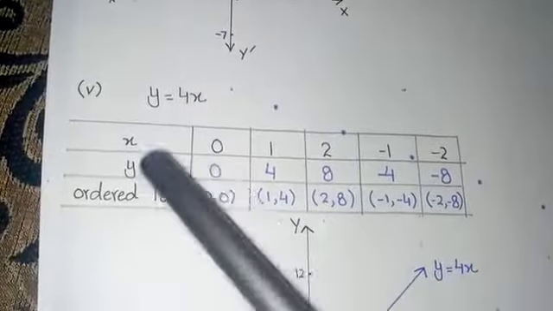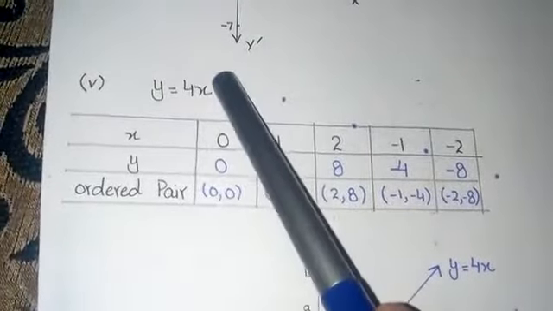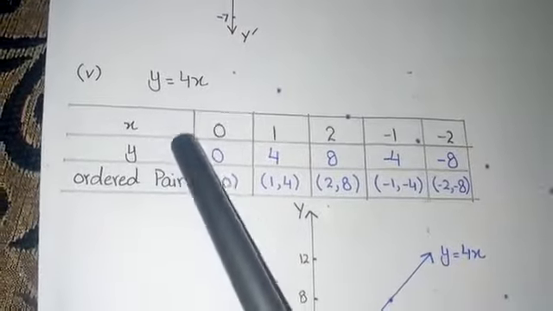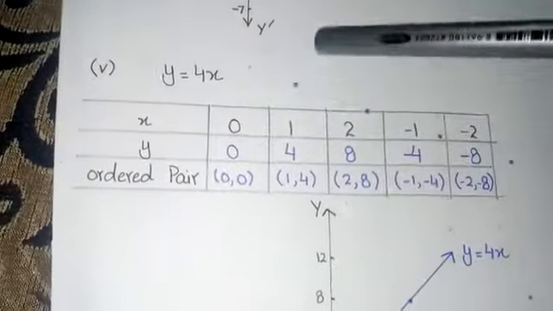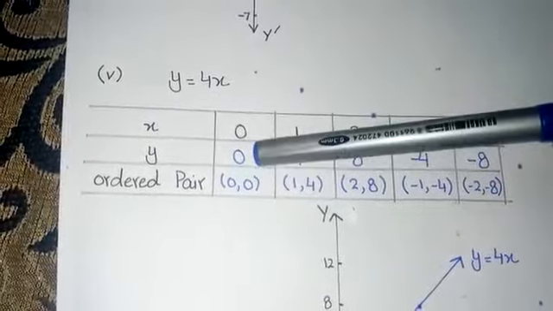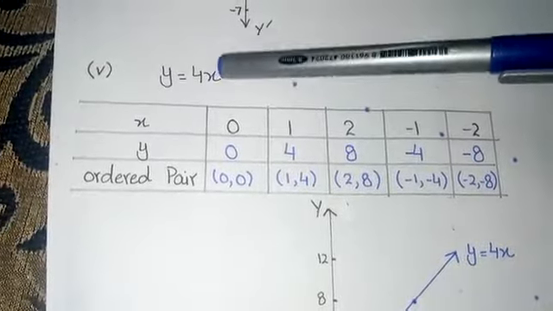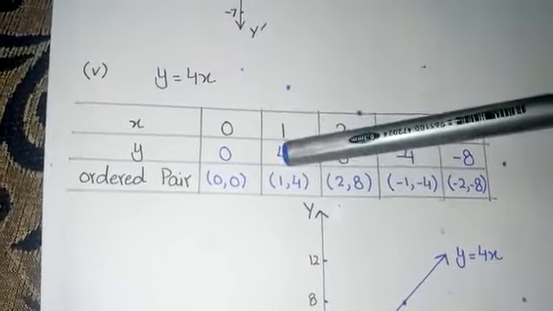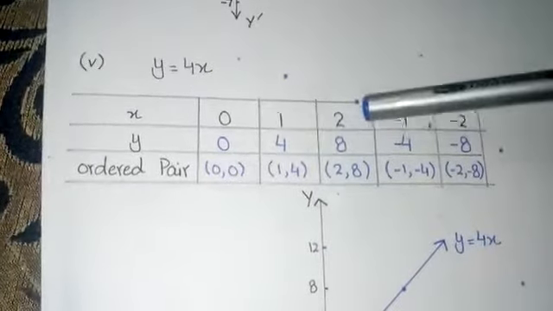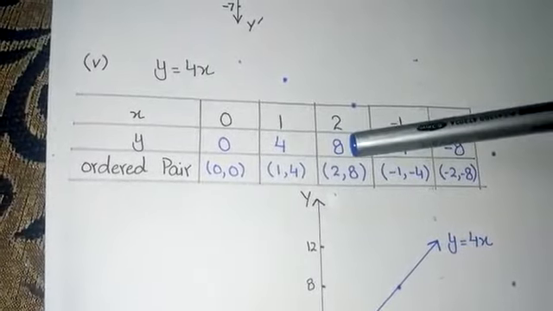Then we will put these values one by one in this equation and the value of y will come out automatically. For example, if I put 0 here, 4 zeros is 0. So the value of y becomes 0. When I take x as 1, 4 ones is 4. So here the value of y is 4. When I put 2, 4 twos are 8. So the value of y is 8.